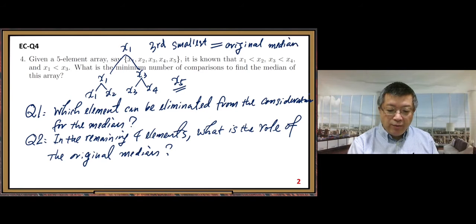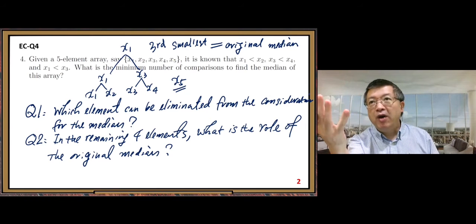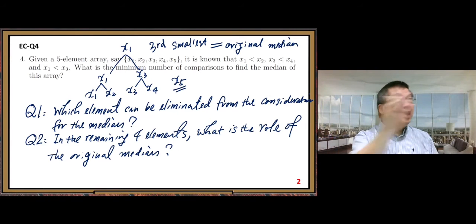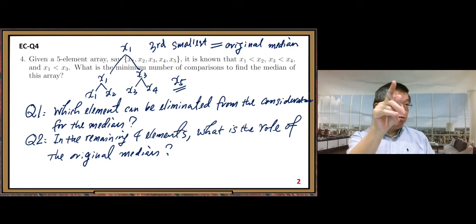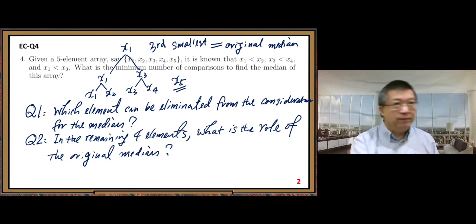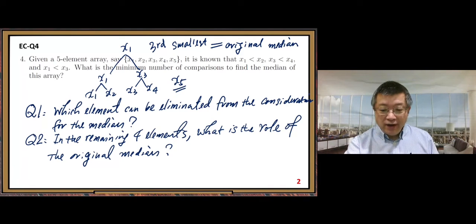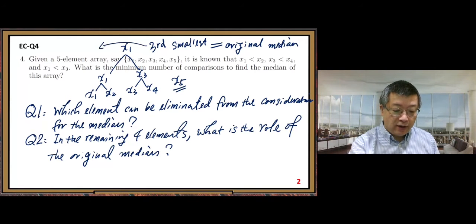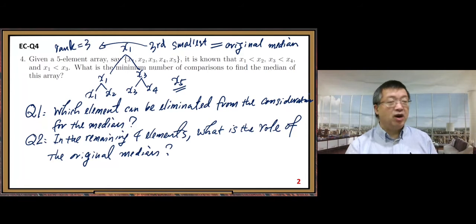But after you remove that one special element that cannot be the median, you only have 4 elements left. In those 4 elements, the original median won't be the third smallest anymore, right? You need to update that rank. So third smallest, the rank is 3. There is a special terminology, rank equals 3, third smallest.